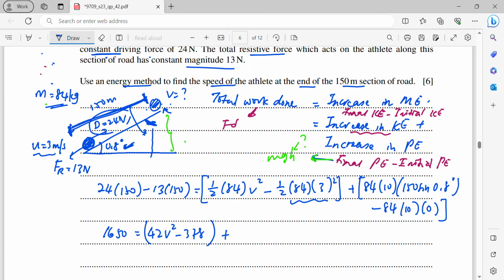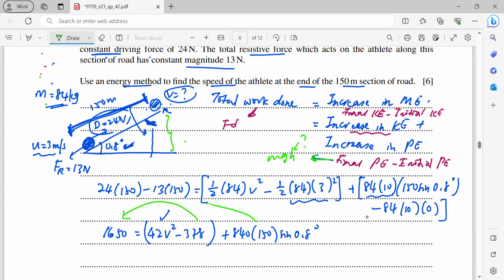Alright, so now this 84 times 10 will be 840. So I will just write in this form first, then 150 sine 0.8 degrees. Now I need to get the V. What is the V here? That means I will keep this term on one side, and the rest of the terms will be moved to the other side.